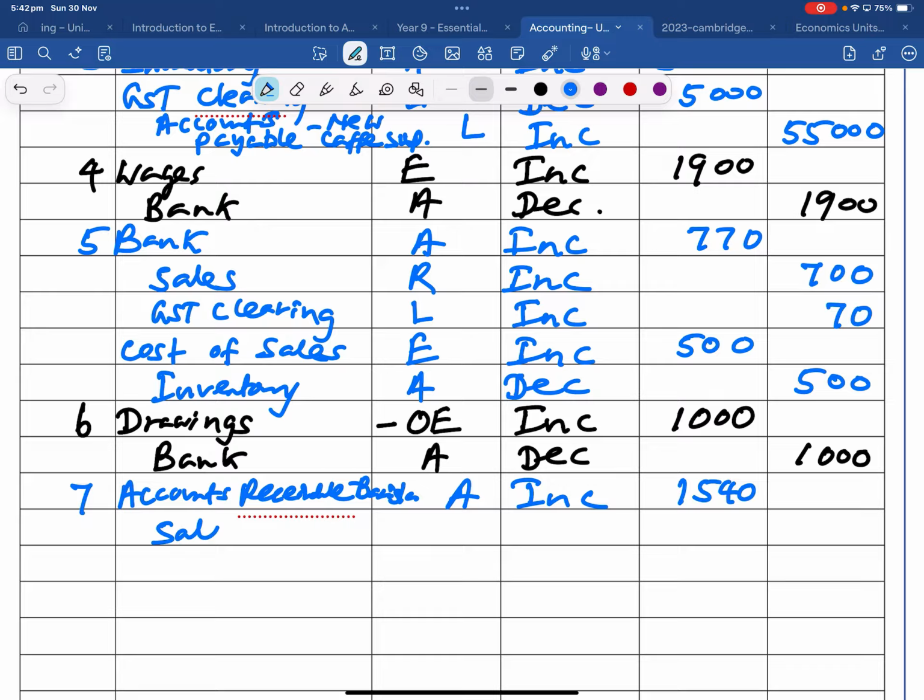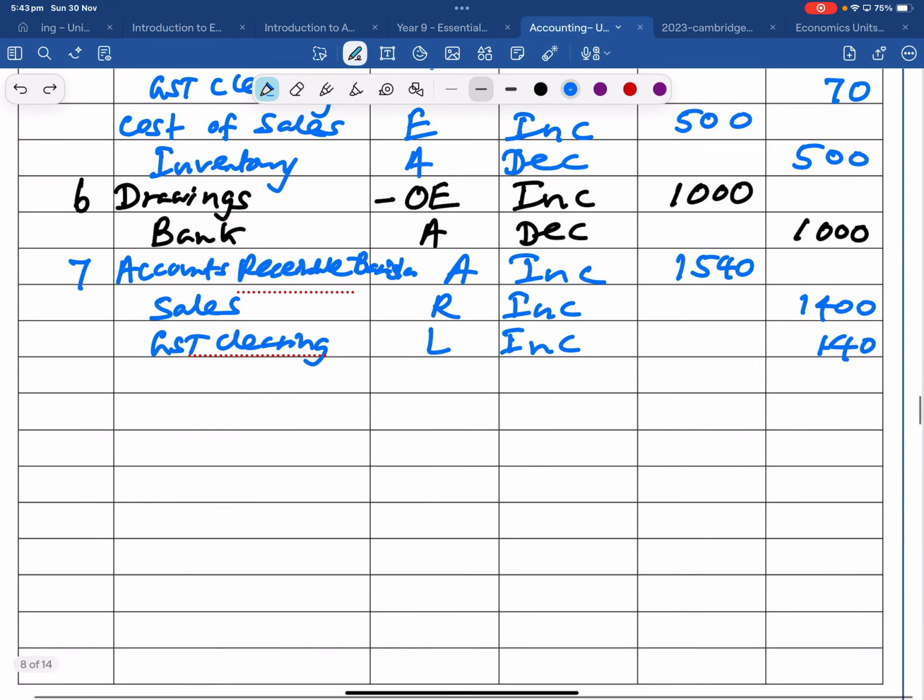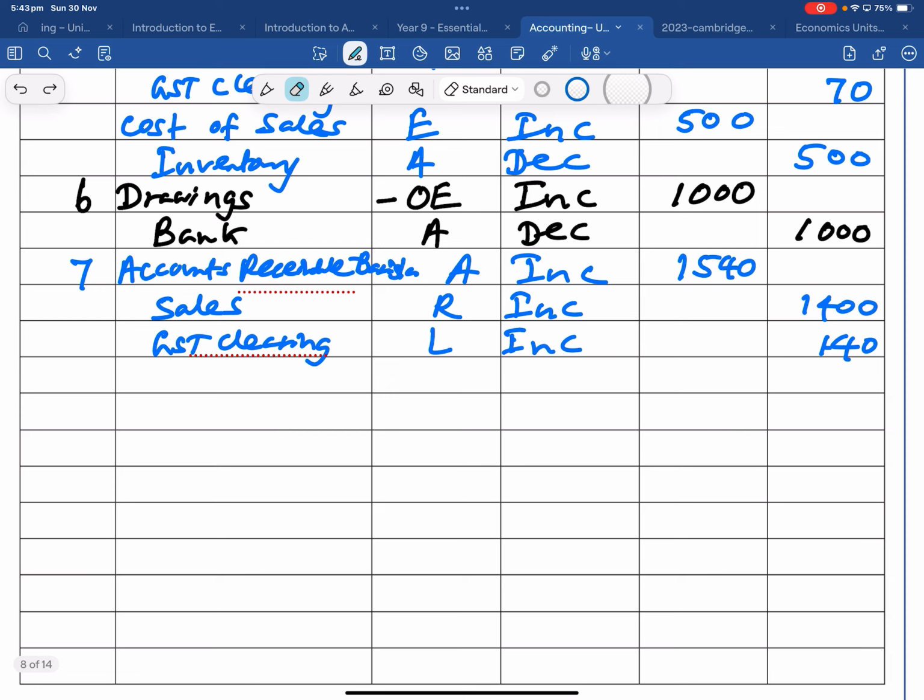Sales, GST clearing. Sales revenue increase 1,400. GST clearing. What happens to GST clearing? A liability. Increase 140. Then at cost price, what do we do, guys?